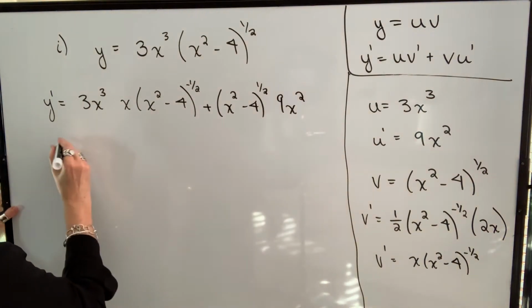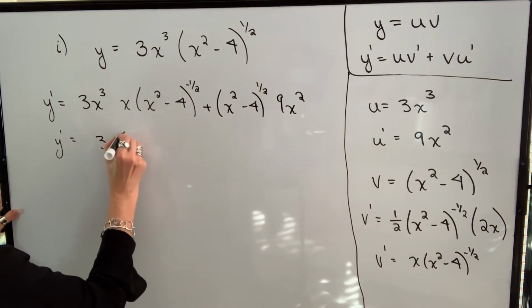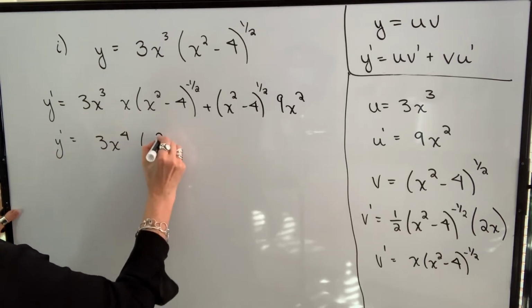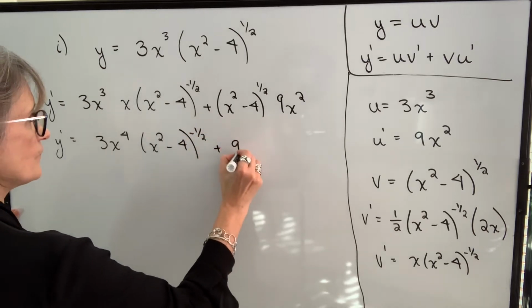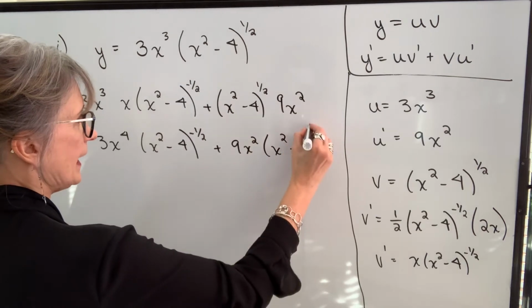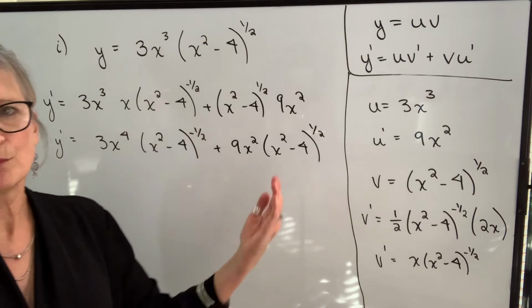First of all, I might clean it up, combine these, so that's 3x to the 4th. And I can do one of two things. I can leave this as a negative exponent, and then I can factor out my largest factors out of both terms.